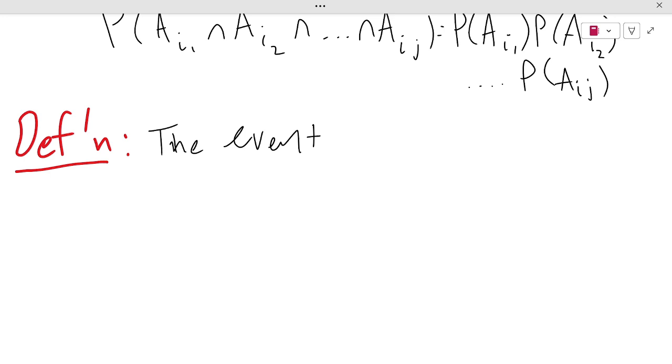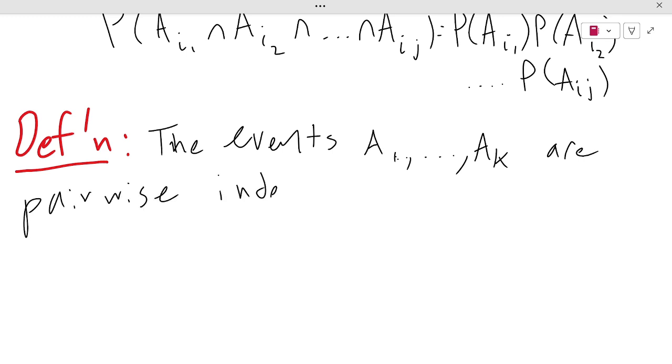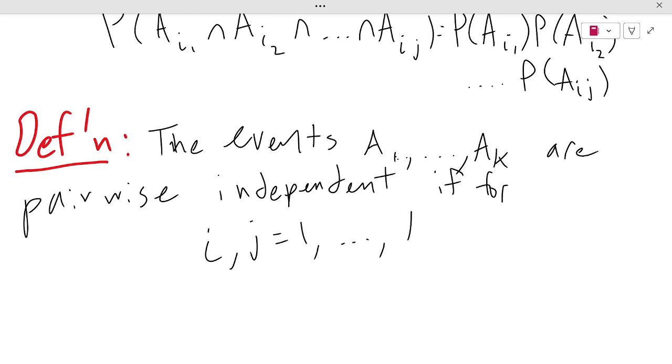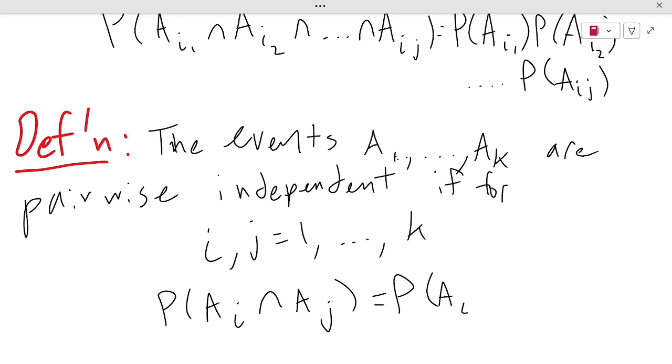If we have multiple events to choose from, so the events A1 through AK are pairwise independent if for indices I and J, natural numbers up to K, the probability of A_I and A_J, so choose some random event A_I and then another random event A_J, those 2 must be independent for any I and J as long as those I and J aren't the same, right?